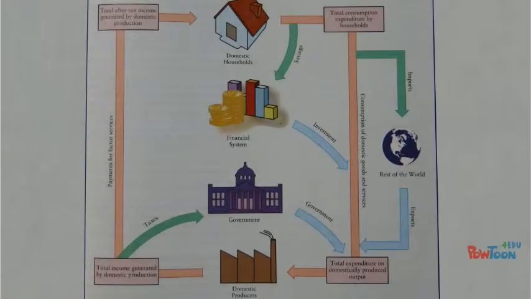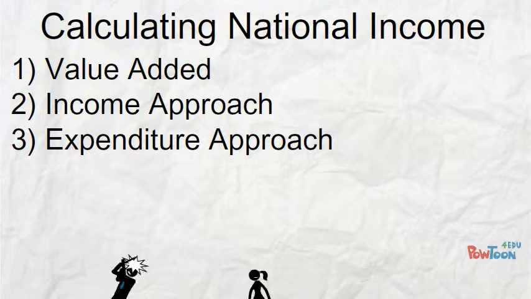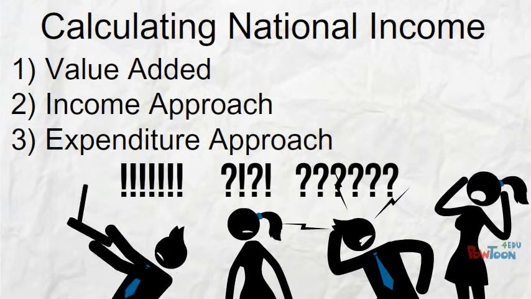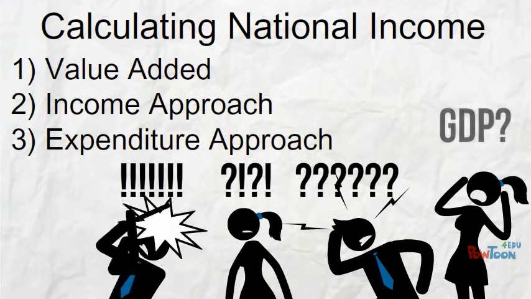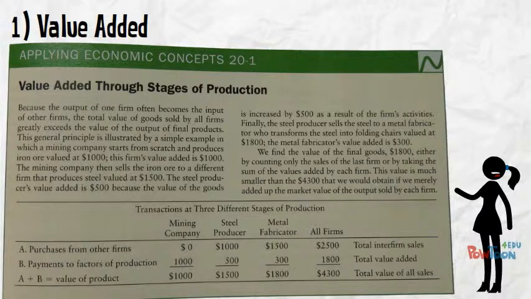And now that our circular flow of income and expenditure diagram is complete, let us briefly cover the methods of calculating national income. We looked at three methods for measuring national income or output to arrive at the gross domestic product, GDP. One method is the total value added from domestic production.